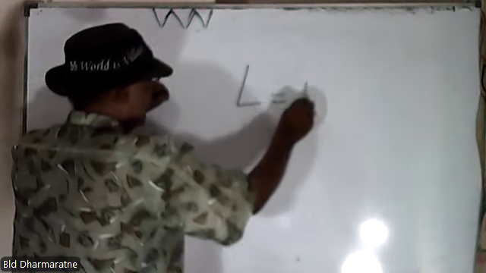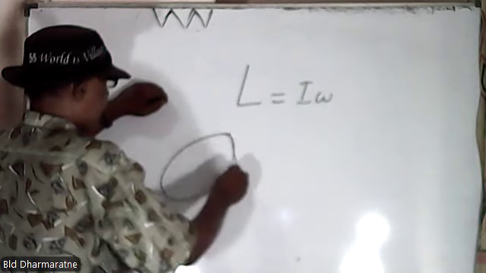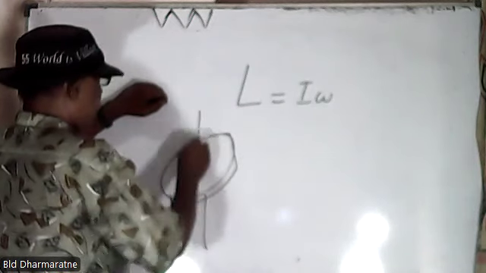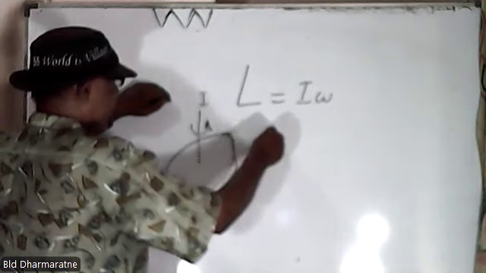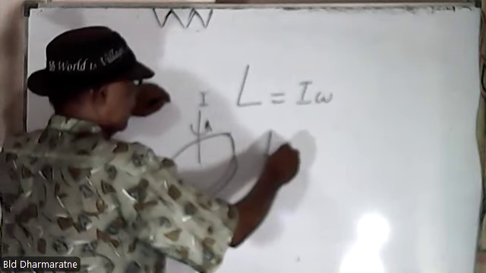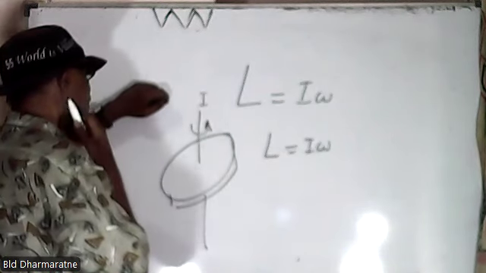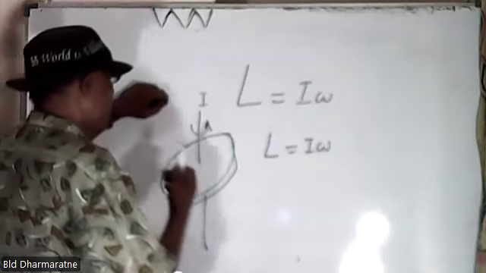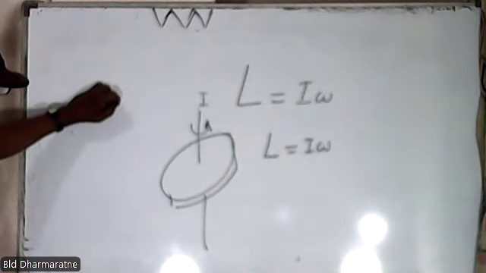Angular momentum L equals I omega. If you want to change the angular momentum, you have to apply a torque or some external influence.